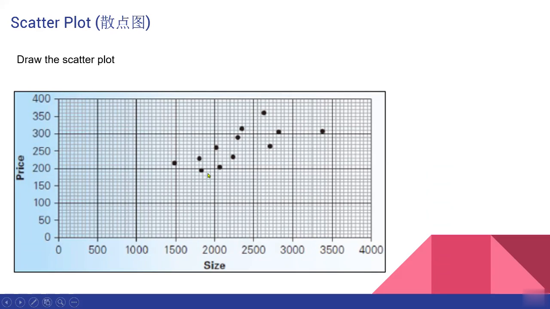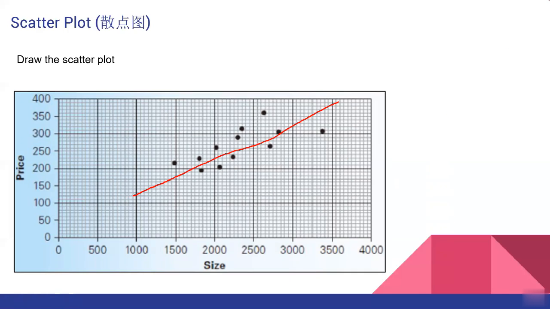And each pair of data corresponds to a point on these Cartesian coordinates. So when we plot all the dots on the graph, we can see that there is a positive linear relationship between these two variables, which can be approximately represented by this line, right?